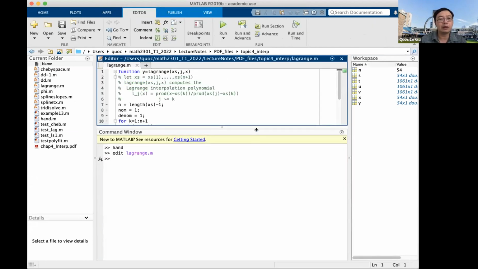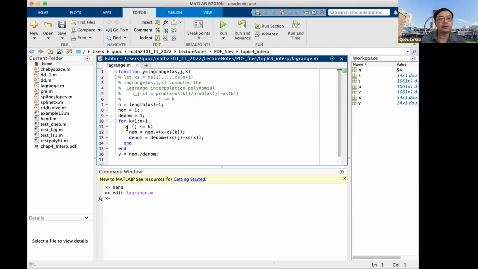You can see that the numerator is just a product of x minus xk, where k is different from j, and for the denominator you just take xj minus xk.